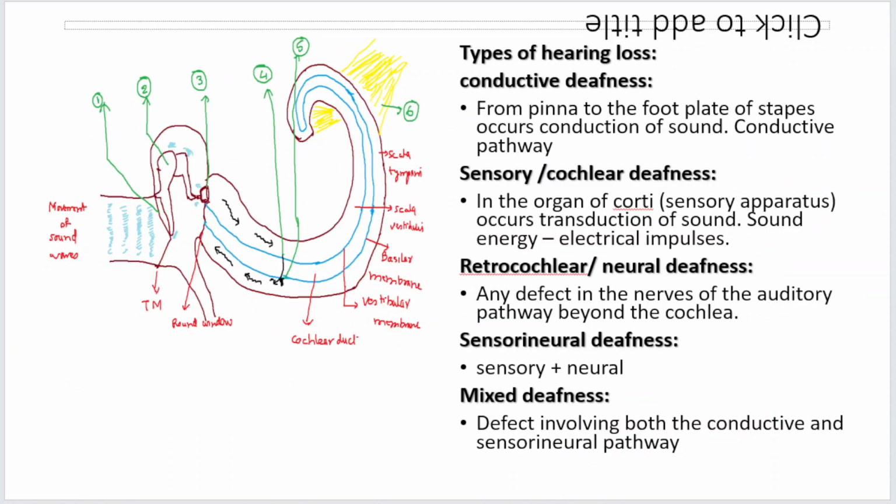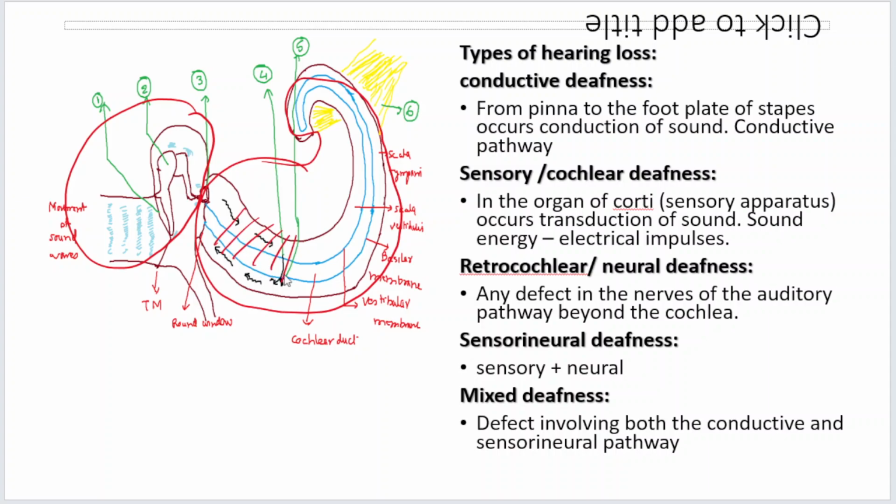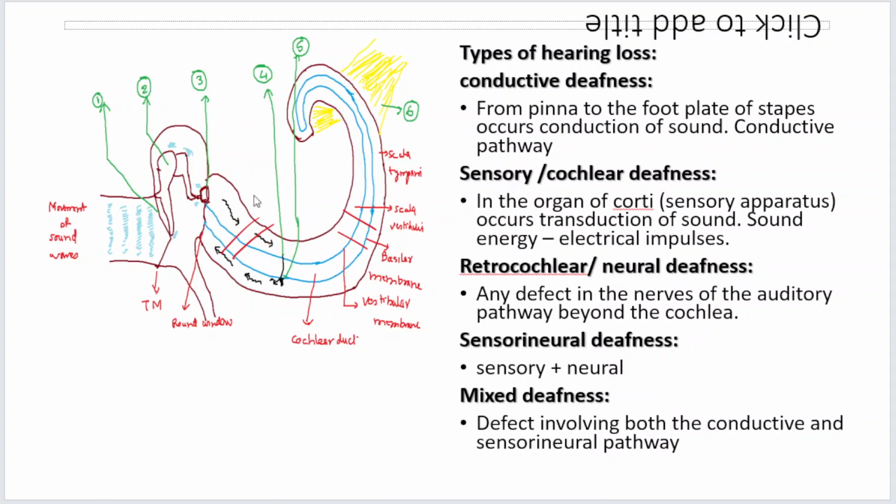Now we have understood how hearing works. It has what is called the conductive component, and then the sensory component. This is the sensory apparatus, where transduction of sound occurs.